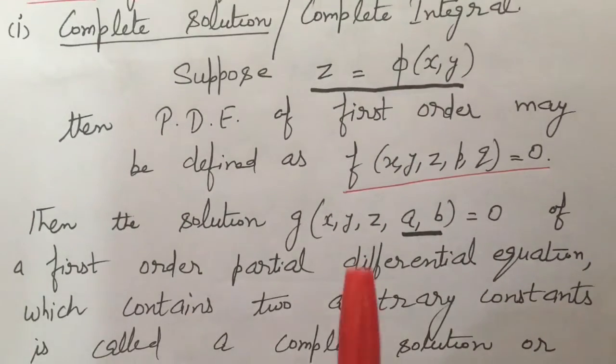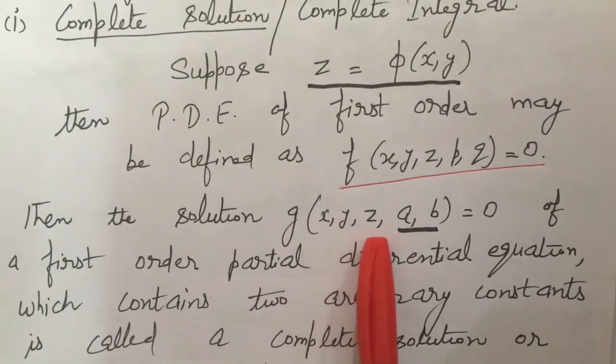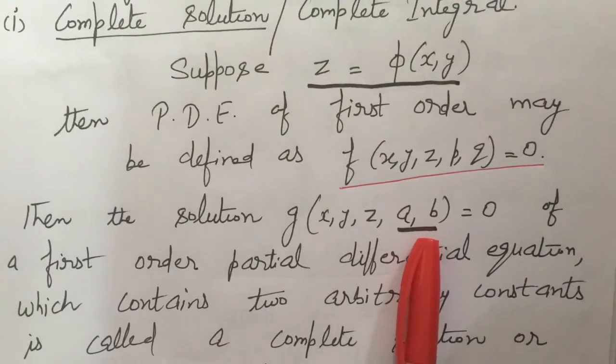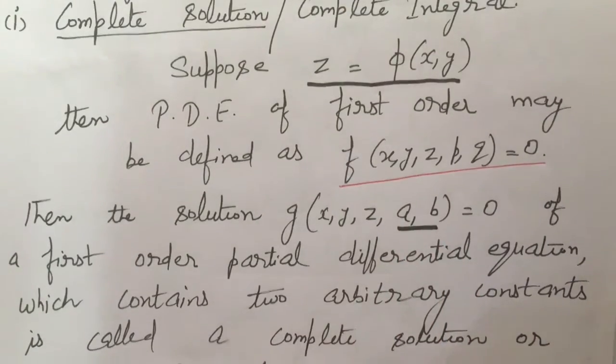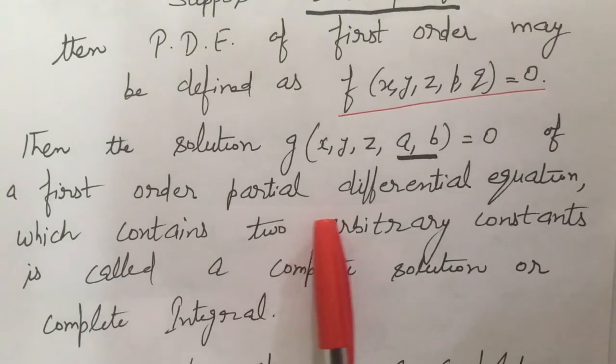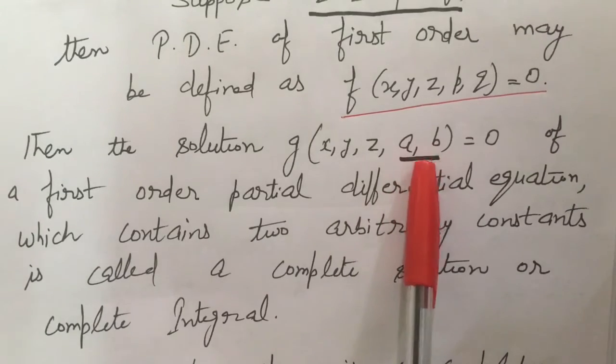Then the solution of some another function g of x, y, z, a and b equal to 0 is known as the complete solution or complete integral of the first order partial differential equation because it contains two arbitrary constants.